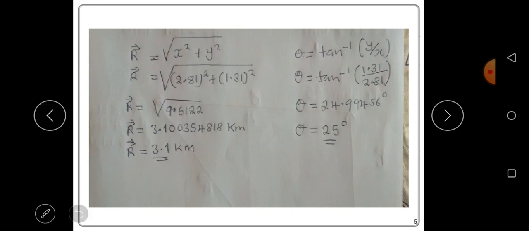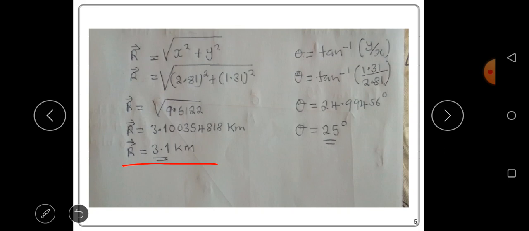When we substitute the components and punch on a calculator, we find the square root of 9.6122, which gives 3.100354818 kilometers. Written in 2 significant figures, the resultant vector is 3.1. So it has taken us back to the resultant vector in the question.